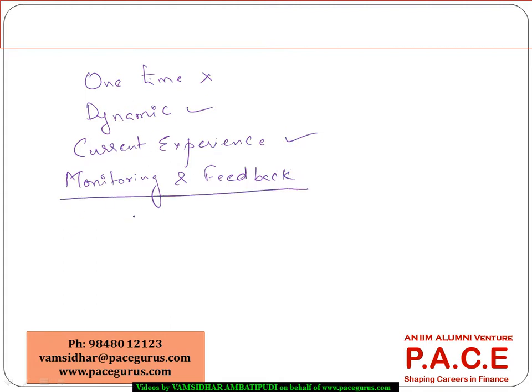Whatever the outcomes that are coming, it has to be fed back into the problem specification and solution development, because there is a regular updating of the model that has to happen to reflect the current scenarios. And probably this phase also should help me in terms of identifying all the departures, right?